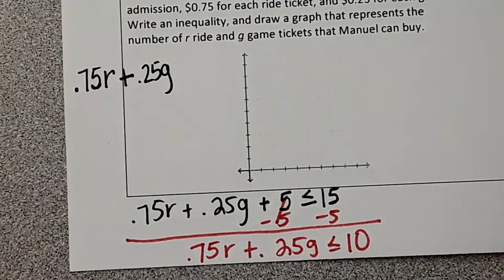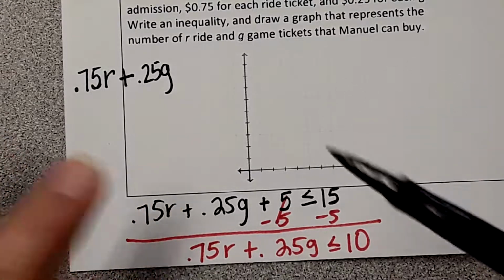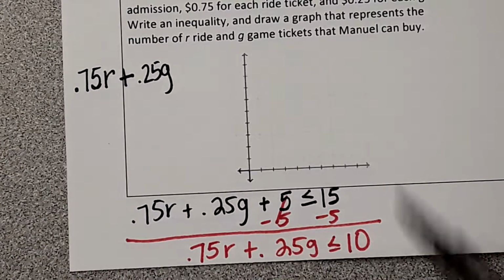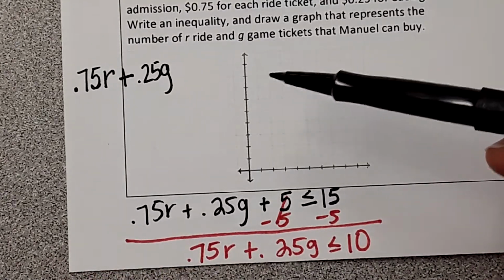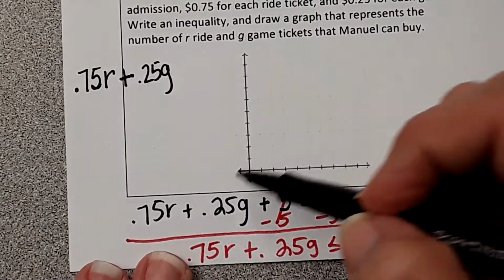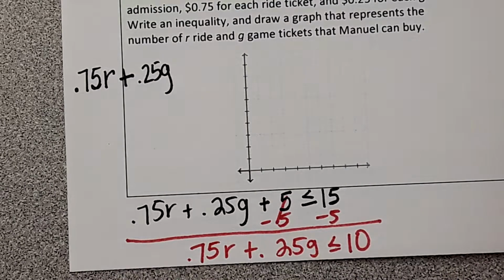Now, can we be in the negative for this? So we're only going to look at our positive. So we're going to have 3 boundary lines, our y-axis, our x-axis, and then our actual line. So now what we need to do is talk about how many tickets we can buy.